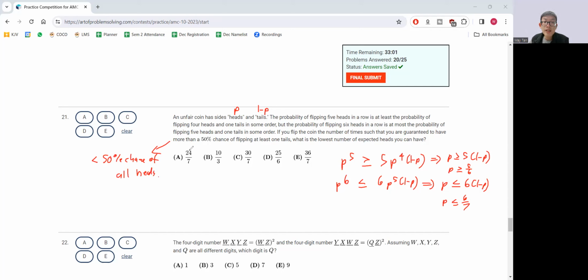And so if I call the number of times n, it's saying that P to the n is less than half. What is the lowest number of expected heads you can have? Expected heads is Pn.